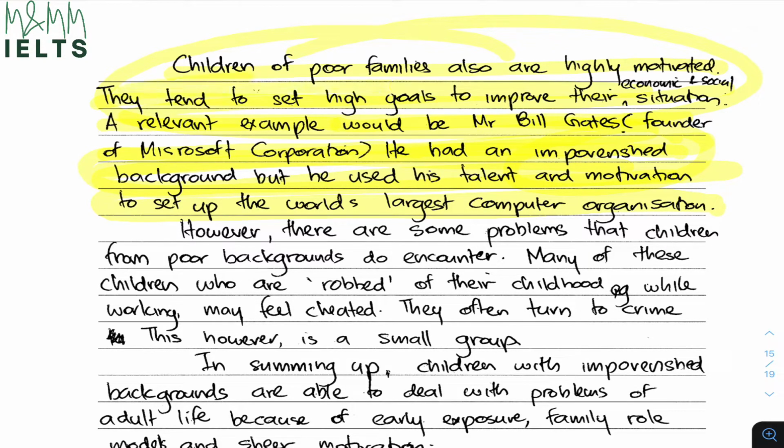So what this paragraph has done is it has shared with us a real life example. When you add a real life example, it will automatically add some value to the essay, because there is a reason that you're supporting this idea: you agree with this idea because you have a role model. So I would call this the example paragraph, where you can share any role model you might have in your life.